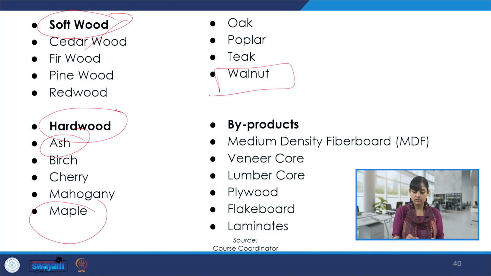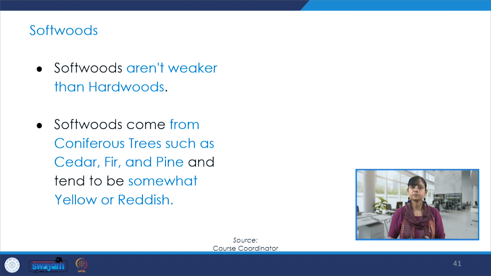We see timber like walnut, teak, oak, all of these. And I was just talking about byproducts and less reliance on natural timber, and hence we find in the market products like MDF board, HDF board, veneers, laminates, particle board, lumber board, all of these different products that you would find in the market.